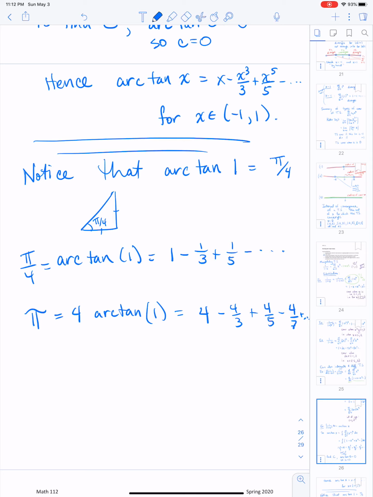And so, well, actually, here's a question that we should be careful about, which is whether this actually does converge at the endpoint 1.